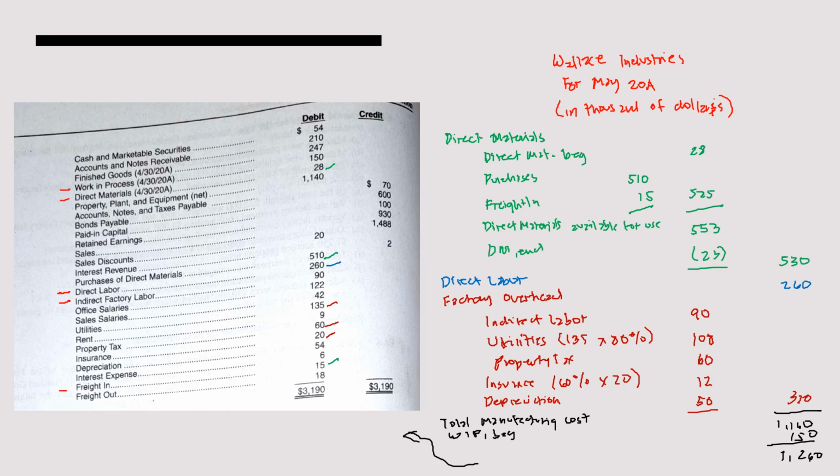So your work in process end is, according to additional information, that's 210, so you less 210. So 1,260 less 210, so that's 1,050. So your cost of goods manufactured is 1,050.